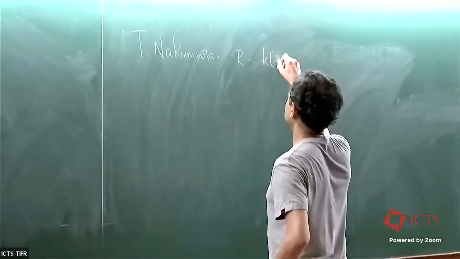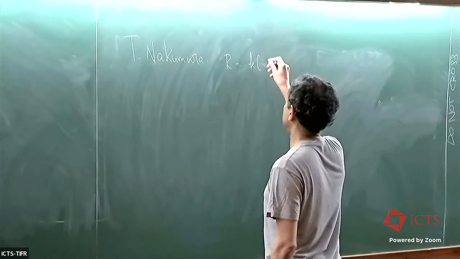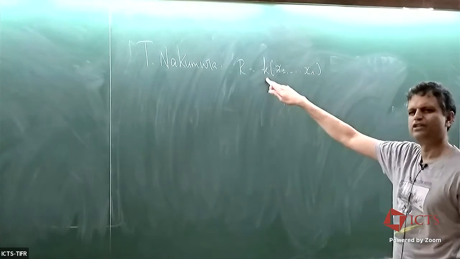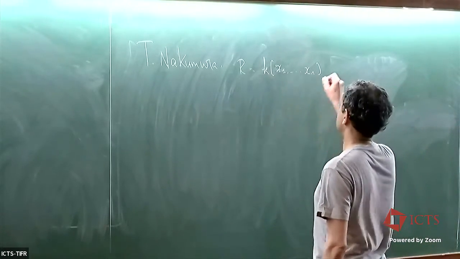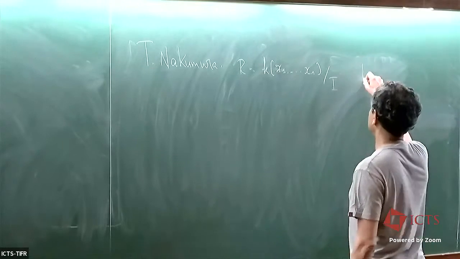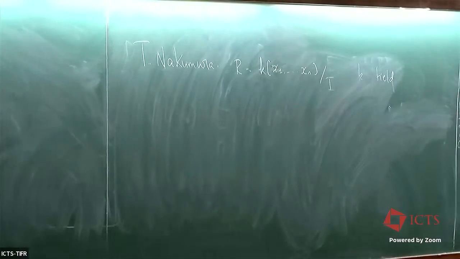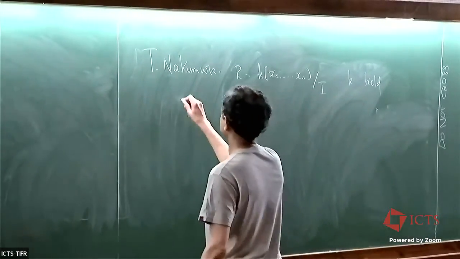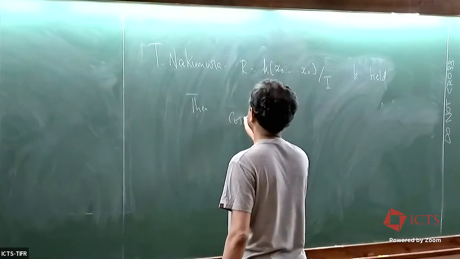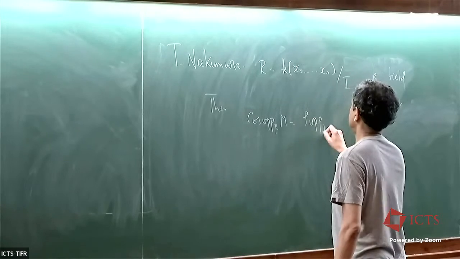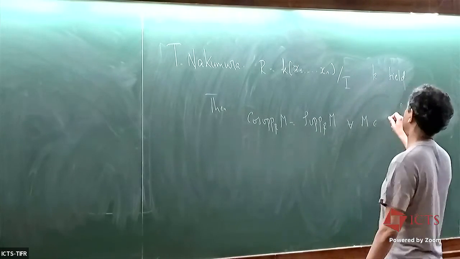If you take an affine algebra, so a polynomial ring, I think he also allows polynomial rings over a discrete valuation ring or over the integers. But okay, let's say K is a field and you look at an affine algebra, a finitely generated K-algebra, then co-support and support coincide for all n in D^b.